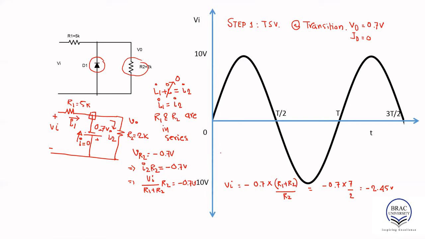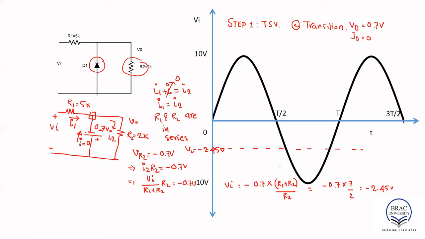So now we already learned from our half-wave rectifier and full-wave rectifier circuit analysis that our next step would be to draw the transition state line. So we are going to draw the transition state line, which is, roughly, let's say this is our transition state line, which is Vi equal to minus 2.45 volt.